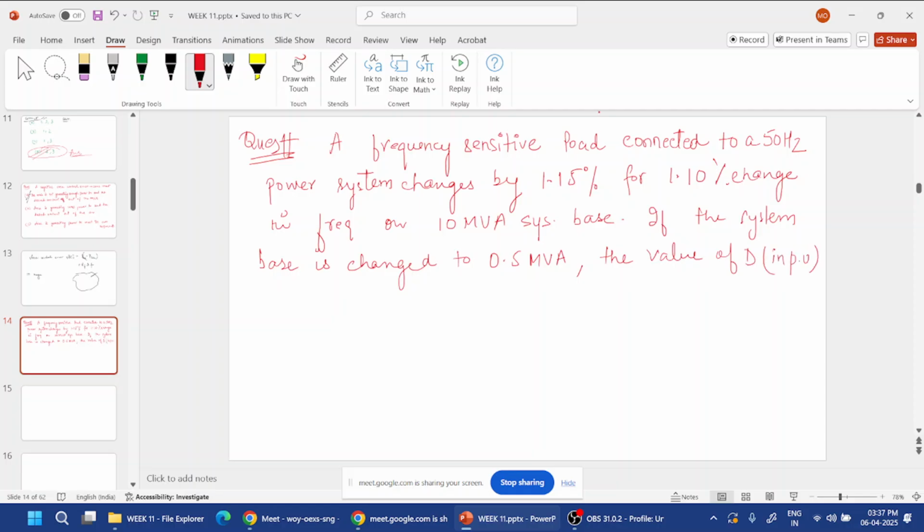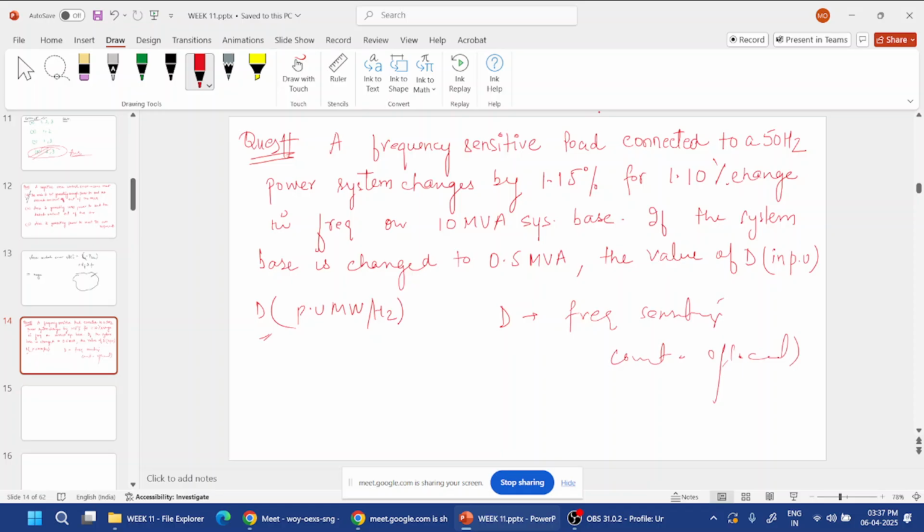Actually, D is per unit megawatt per hertz, which we have already told you about in the last lecture. D is the frequency sensitivity constant of load.